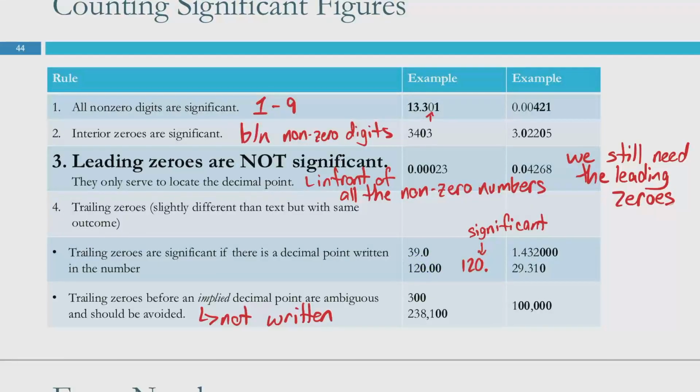So all the zeros are significant because we've got a written decimal place. And if there's no decimal place, what do you assume? So if it was like this 300 and there's no written decimal place, it's at least 1. It could be as many as 3. Usually, when we've got trailing zeros like these bottom cases, it's best to write them in scientific notation.